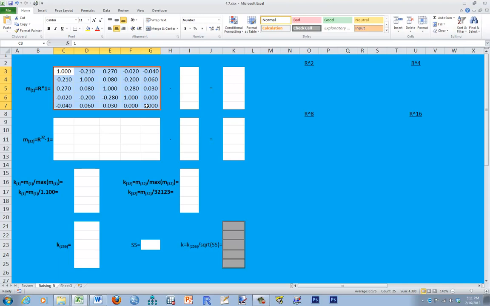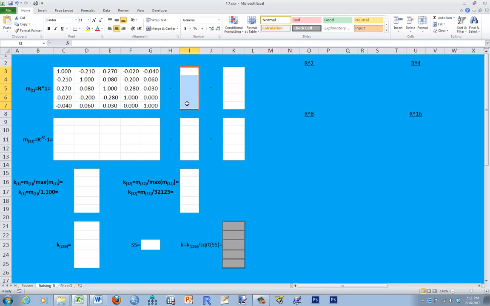So for each successive matrix power, we will create a vector of row sums, which will be symbolized as M. So M1 for the R matrix, and M32 for the R to the 32nd power matrix. This is done by post-multiplying each successive matrix of R to some power by a vector of 1s.